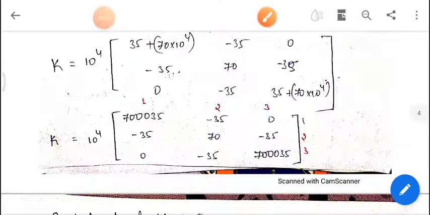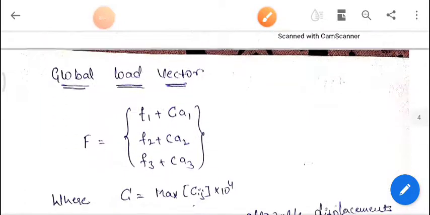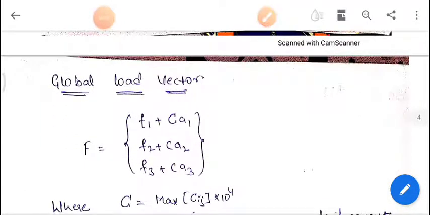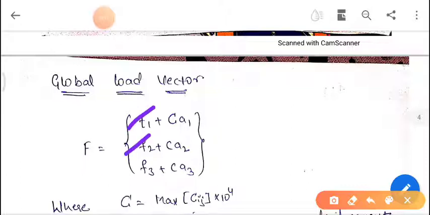Once we get this, the next step is to find the global load vector. It is somewhat different from the elimination approach method. In the penalty approach we use this formula to find the global load vector: F1 plus C A1, F2 plus C A2, F3 plus C A3. Here F1, F2, F3 are nothing but the forces acting at each node.